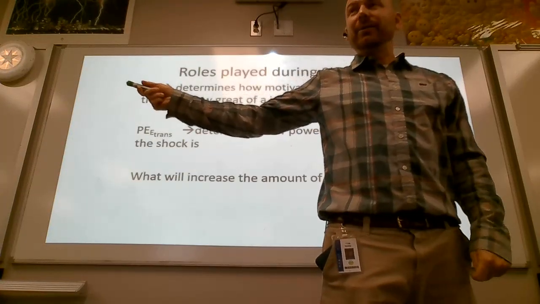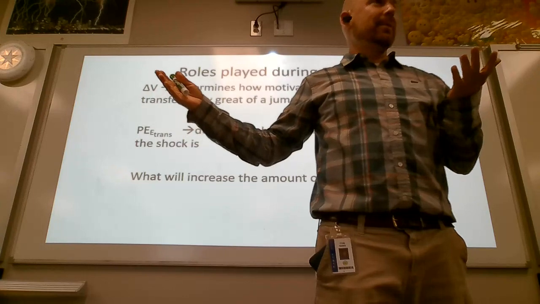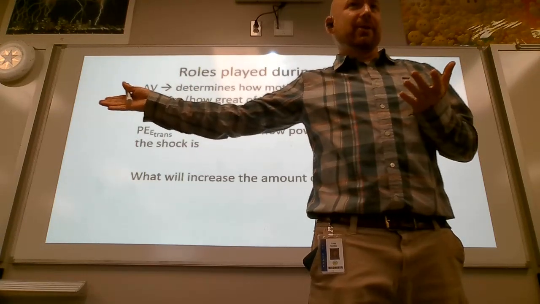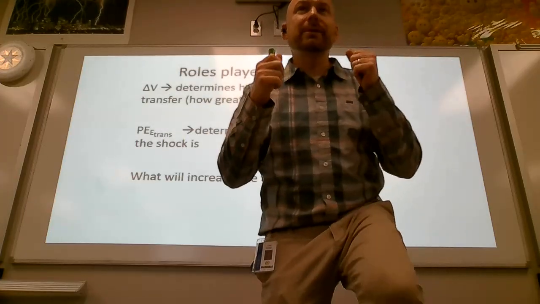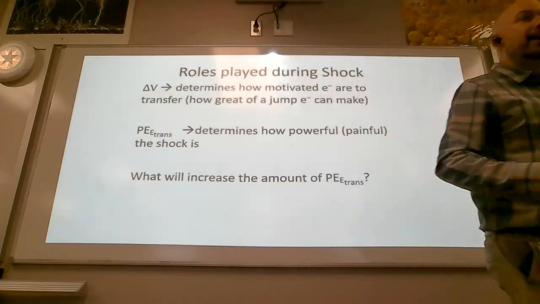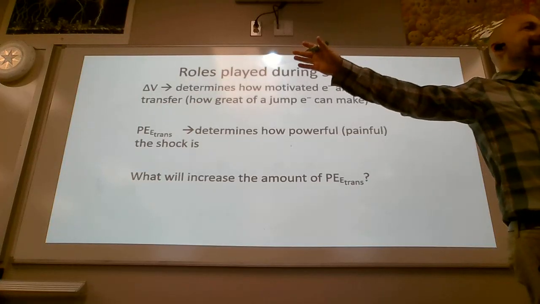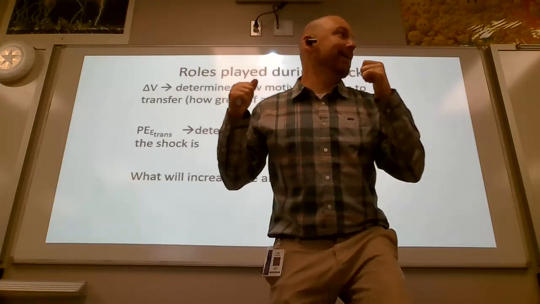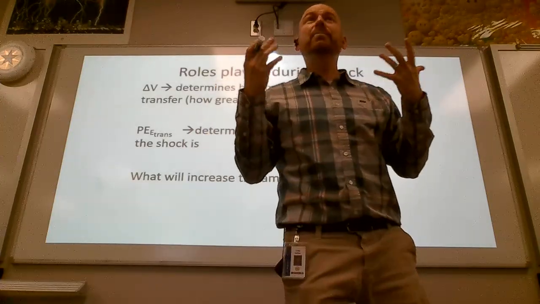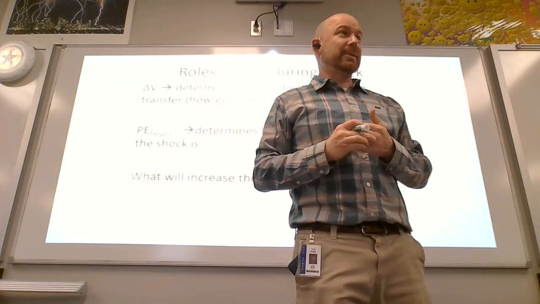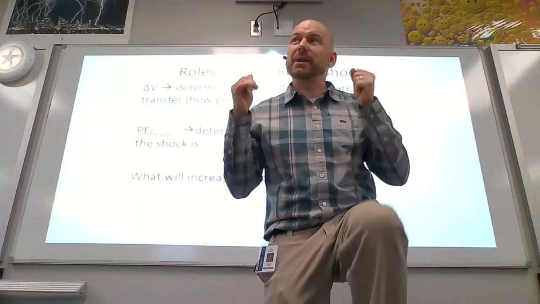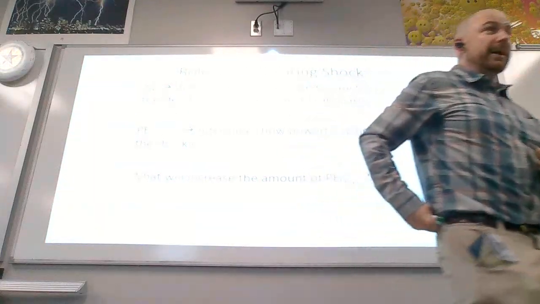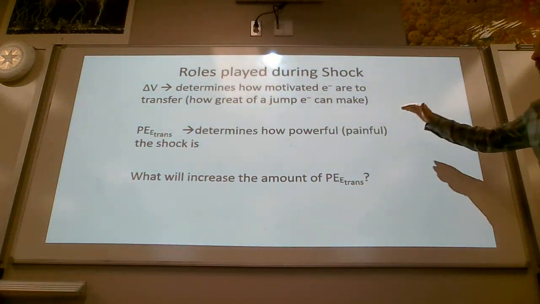There's no difference in electron crowdedness, so there's no motivation to go somewhere just as crowded. But if this region is crowded, and over here it's not, these guys are looking over there going, man, that would be awesome to get over there. And so they're really motivated. Does that make sense? The difference in electric potential, how crowded they are from one spot to the next, is the motivation.